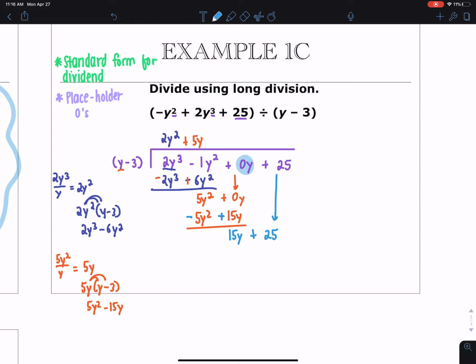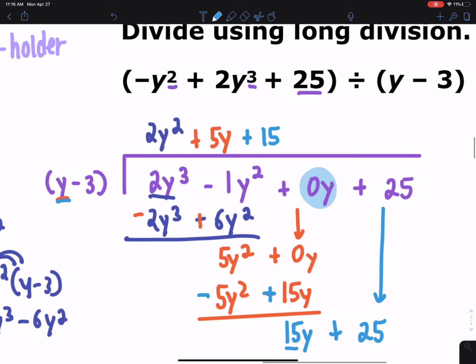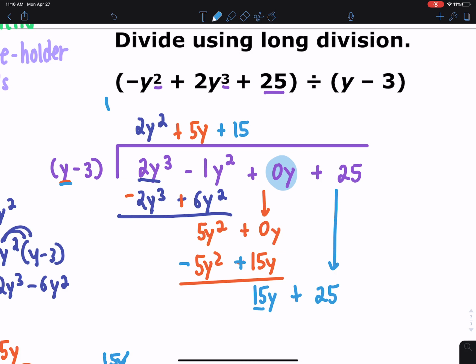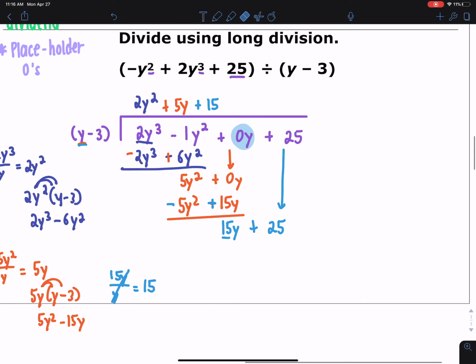And then one last time, take the first term of our new dividend, so 15y, and divide by the first term of our divisor, which is y. So the y's cancel, and that gives us 15. And again, notice how our quotient here is in standard form. So we have a y squared, we have a y, we have a constant, and then we would have our remainder next. So it's very, very organized and structured.